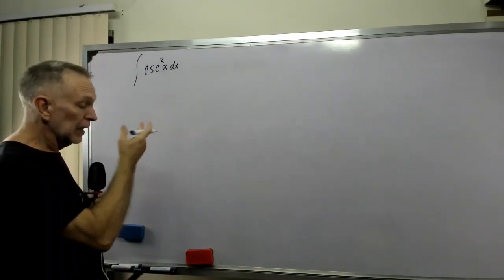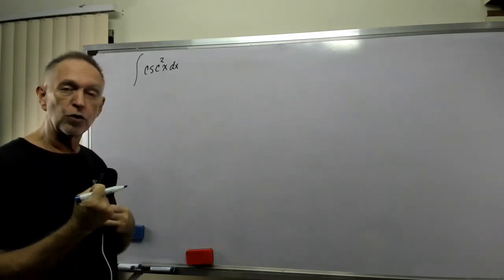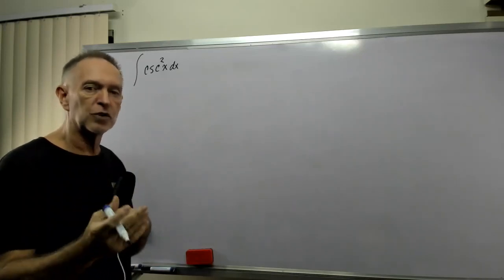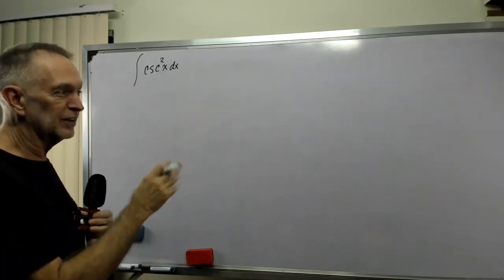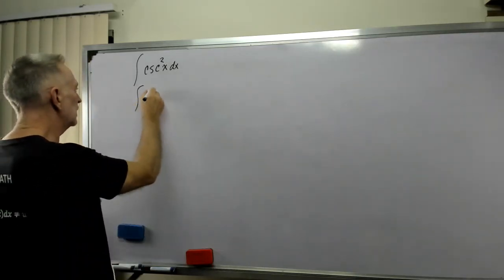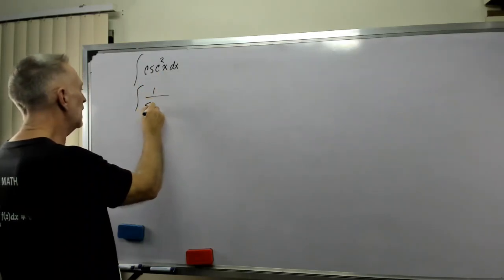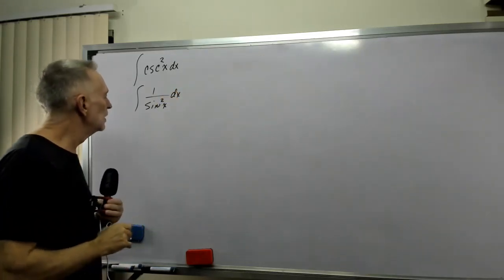All right. Surprisingly enough, the solution did not just jump out and become so obvious. We have to massage this just a little bit. All right, so we know that cosecant squared is 1 over sine squared x. Okay, we're taking that integral.